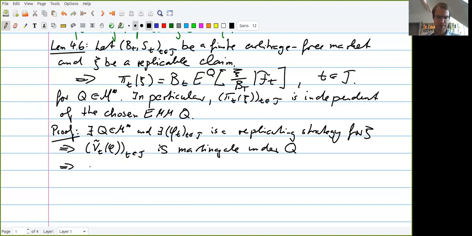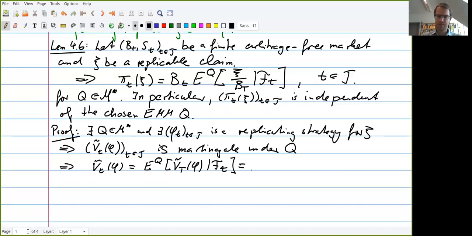So what can we derive from this? Well, if we look at the discounted value process at time t, we can use this martingale property under Q to represent this as the discounted terminal value conditioned on the filtration up to time t.